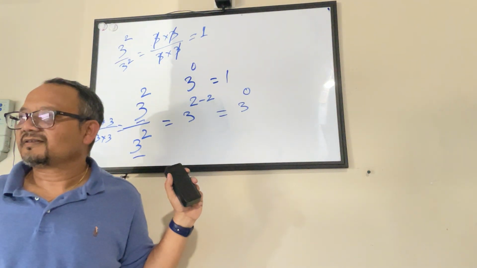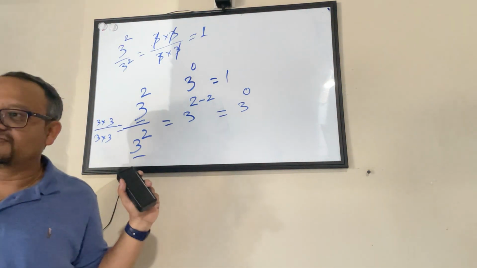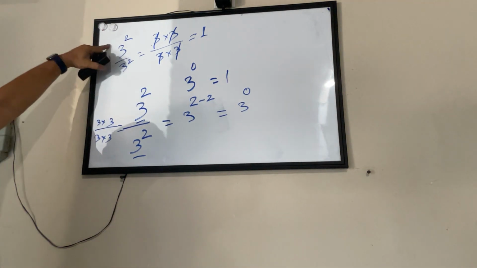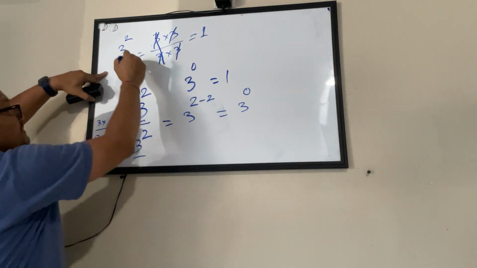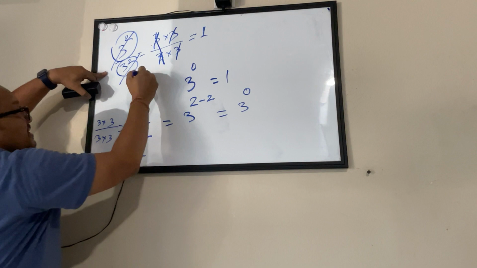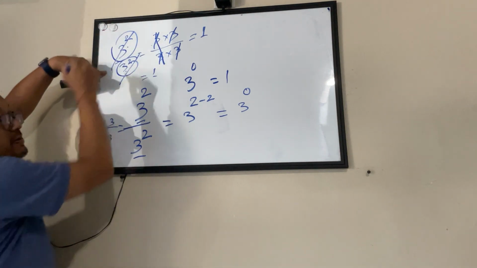Are you guys with me so far? I said 3 power 2 by 3 to the power 2. I don't even have to do this. I'm saying my numerator and denominator are the same. They will just knock each other off. So 1 times 3 power 2 equals 3 power 2.